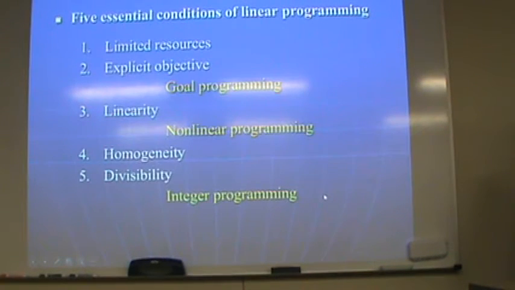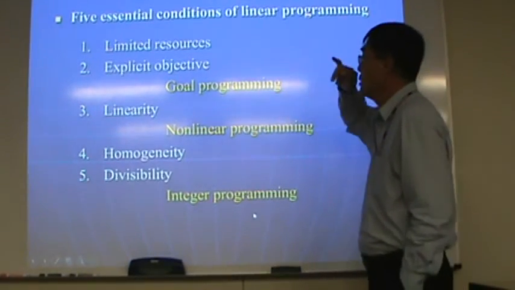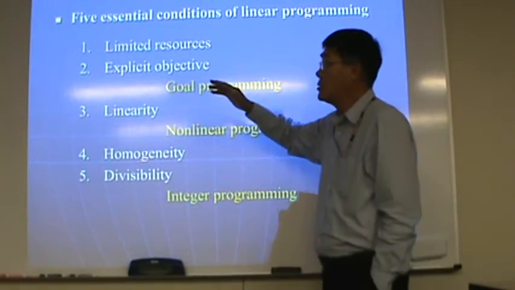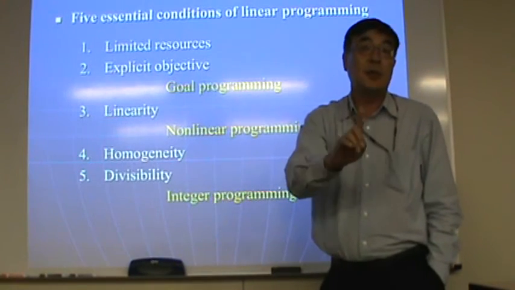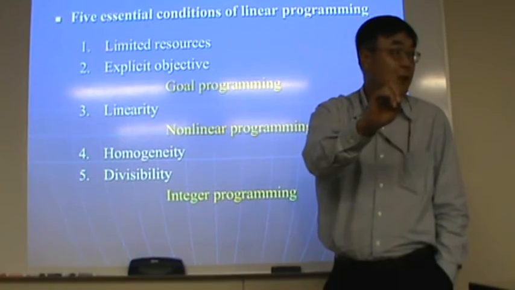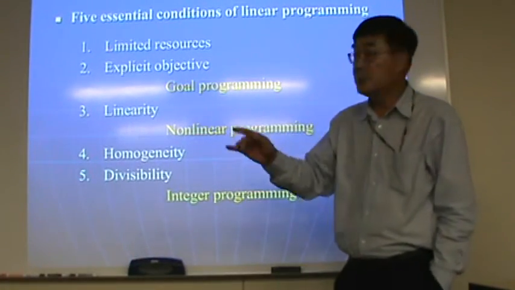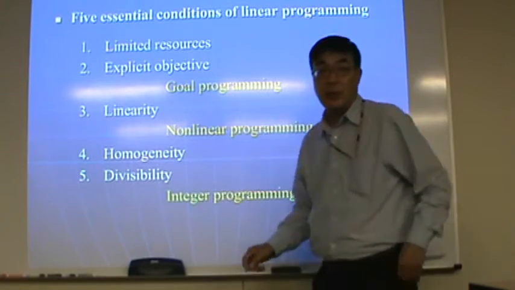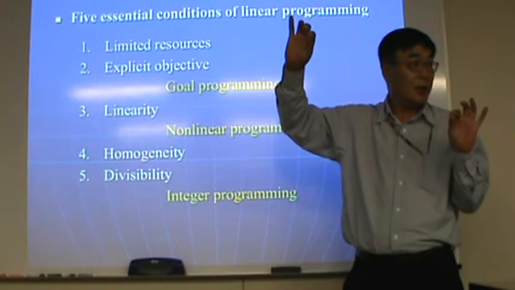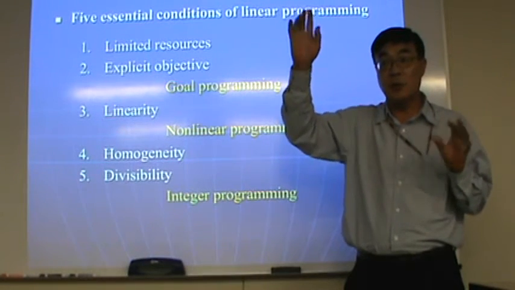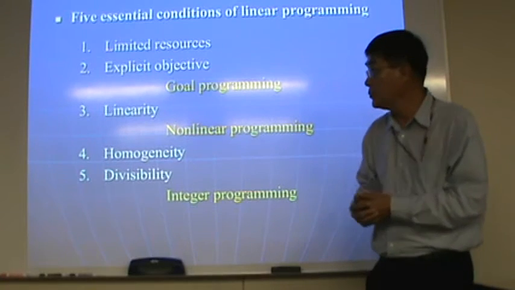So it's like that. 5 essential conditions. Limited resources, explicit objective, but linear programming is single objective, goal programming is multiple. Linearity, it should be a straight line, the exponent of the independent variable is one.